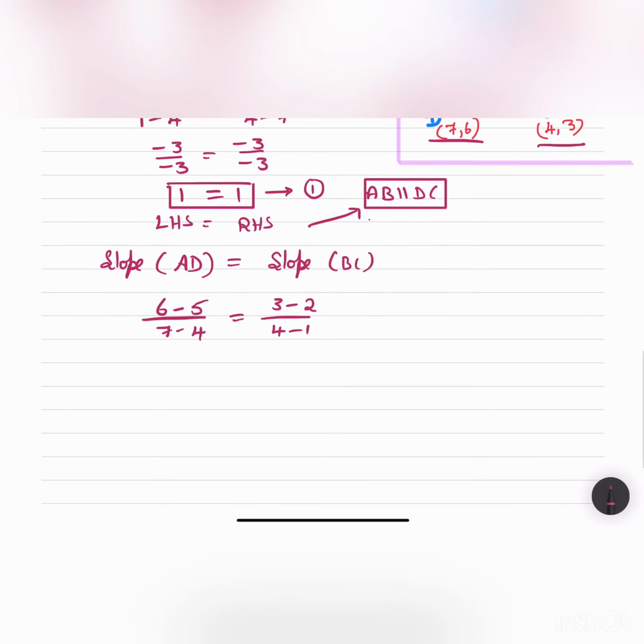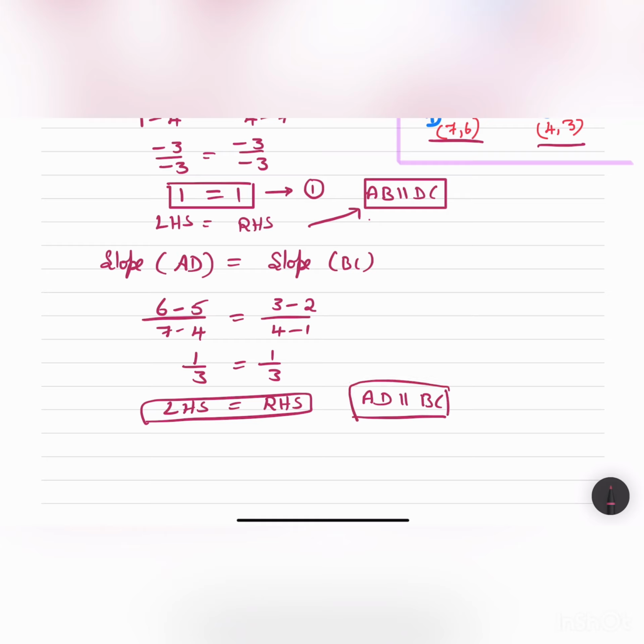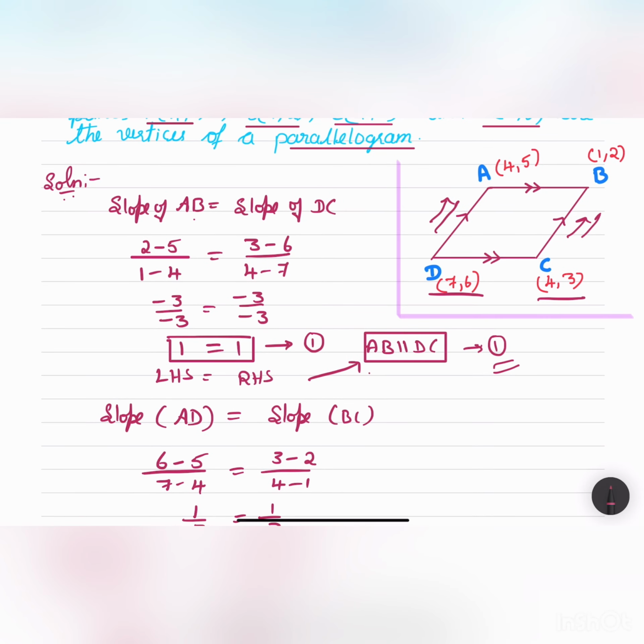And hence we are going to get here 1 by 3 is equal to 1 by 3, that is LHS is equal to RHS. Hence, we have AD is parallel to BC. Now, I'll take this as 1 and this as 2. From 1 and 2, we can say that A, B, C and D are the vertices of a parallelogram.